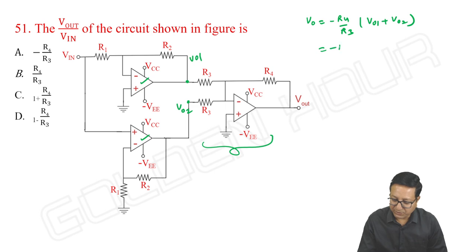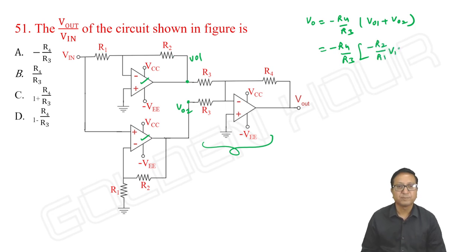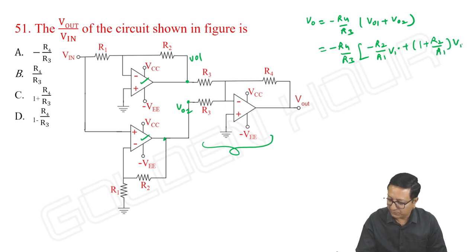And minus R4 by R3 into VO1, it is minus R2 by R1 into VI. And what about VO2? It is a non-inverting amplifier. It is 1 plus R2 by R1 into VI. Is it not so? If you observe this, minus R2 by R1 into VI plus R2 by R1 into VI get cancelled. So it is minus R4 by R3 into VI.